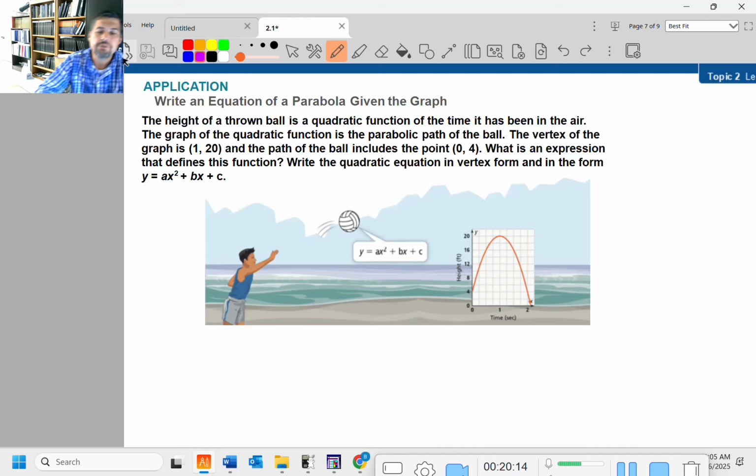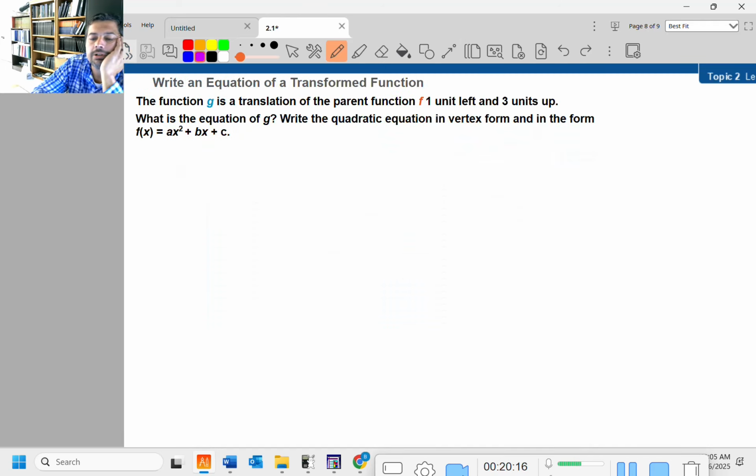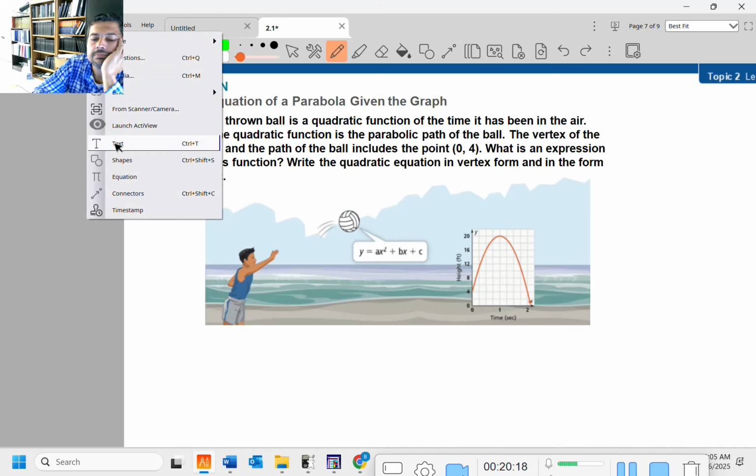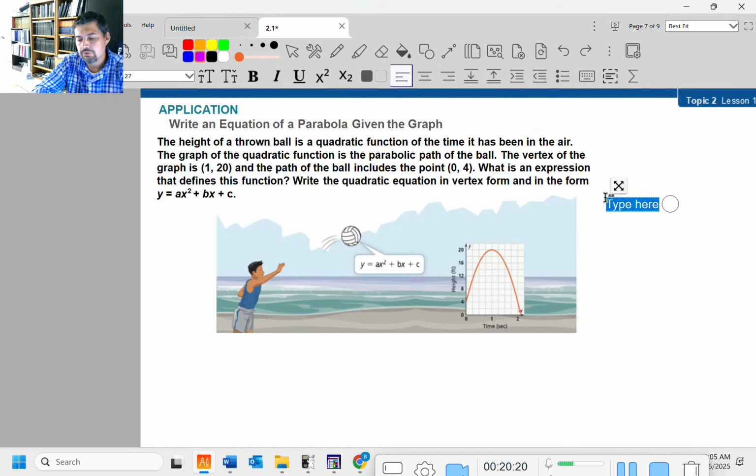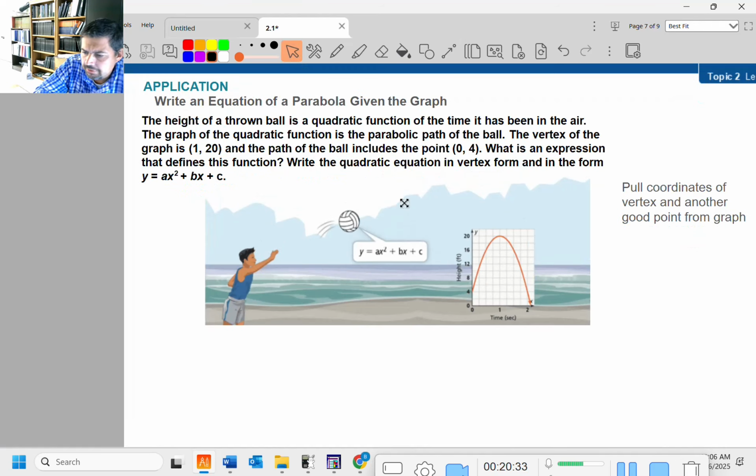So here's what we're going to have to do. We're going to have to pull two good points from the graph. We're going to pull the coordinates of the vertex and another good point from the graph. Now this might be kind of small on your end, but on my end it looks like the vertex is at (1, 20).